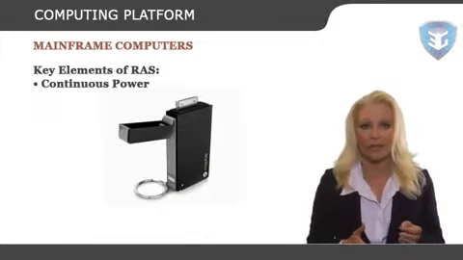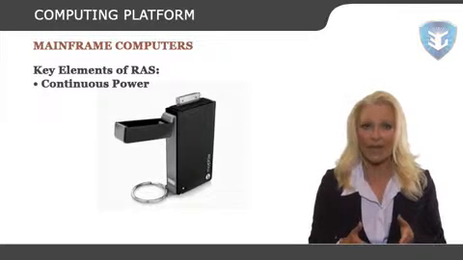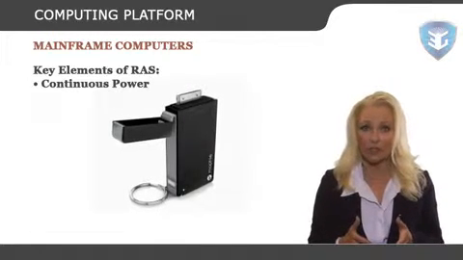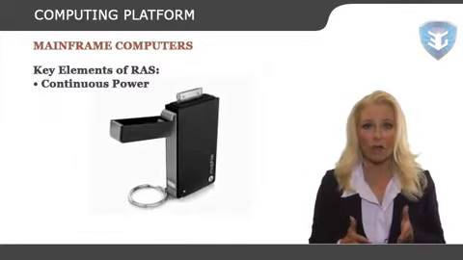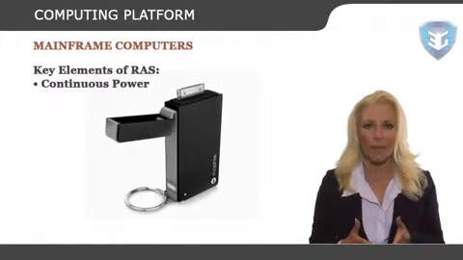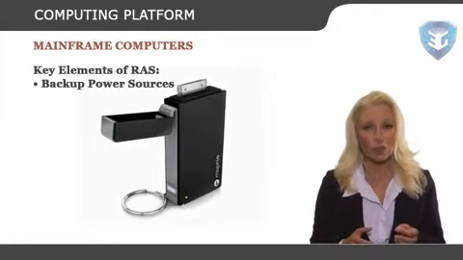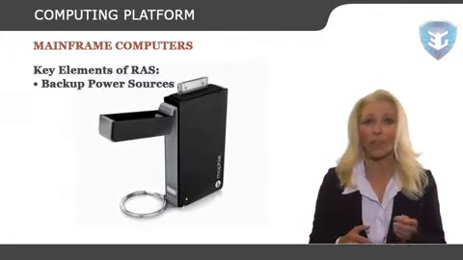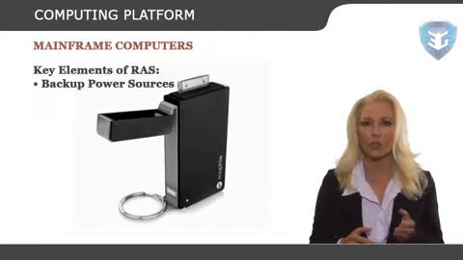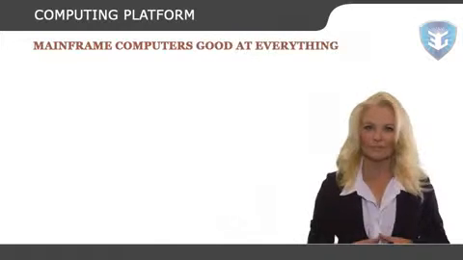Continuous power. This is the use of an uninterruptible power supply. Keeps systems operational while switching from commercial power to backup or auxiliary power. Backup power sources. This includes batteries and generators to keep systems operational during extended interruptions in commercial power.